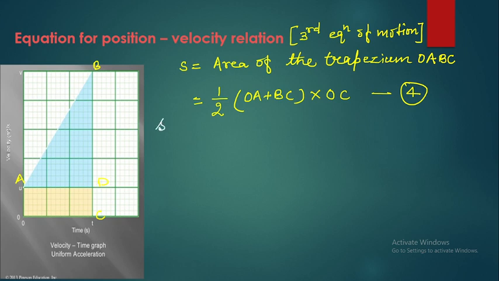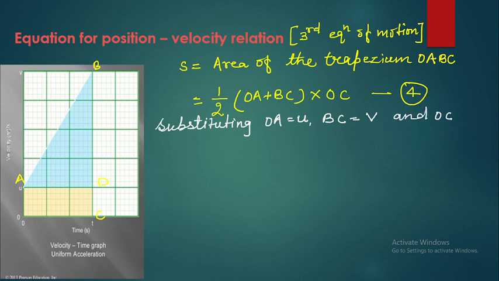Substituting OA is equal to small u, BC is equal to small v, and OC is equal to small t.